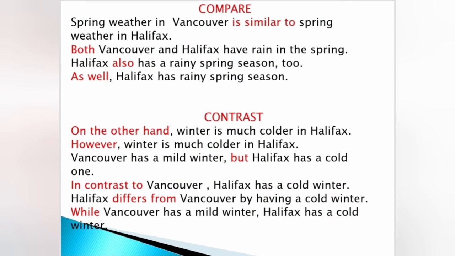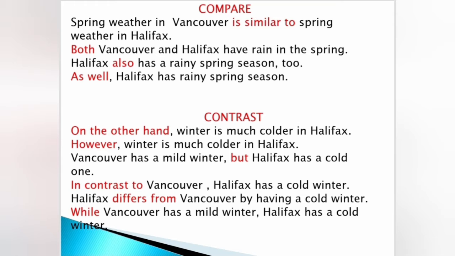Look at the next slide, children. It talks about compare and contrast, how well the author has made use of these phrases and words. Under compare, the author has used two different places to talk about weather conditions. Spring weather in Vancouver is similar to spring weather in Halifax.